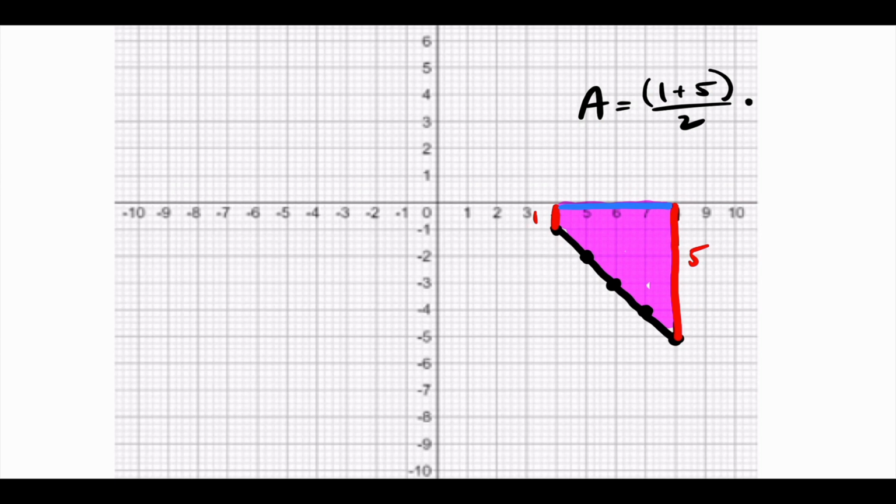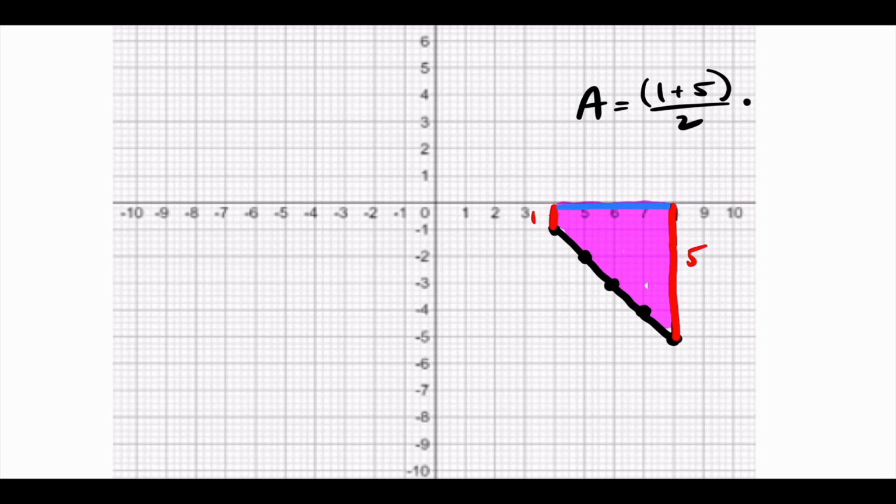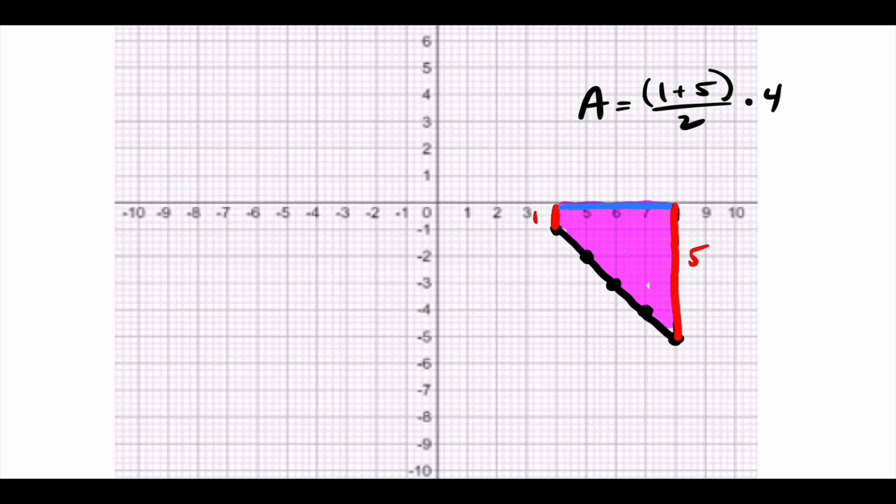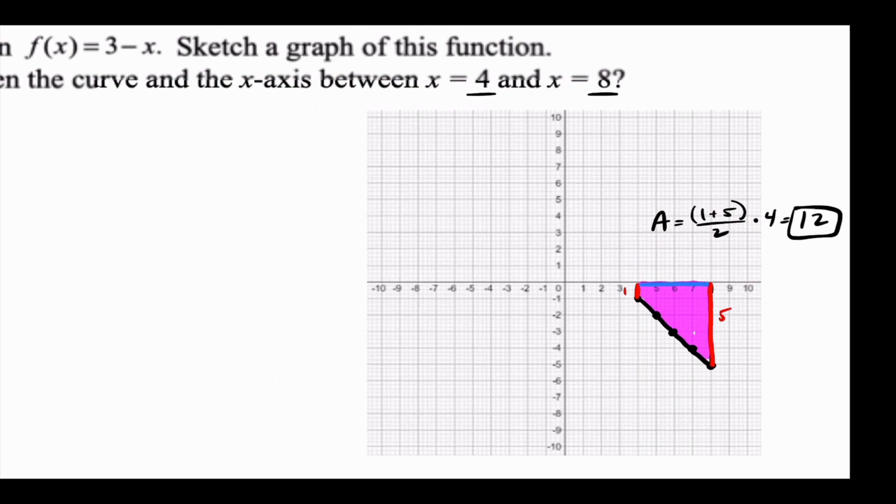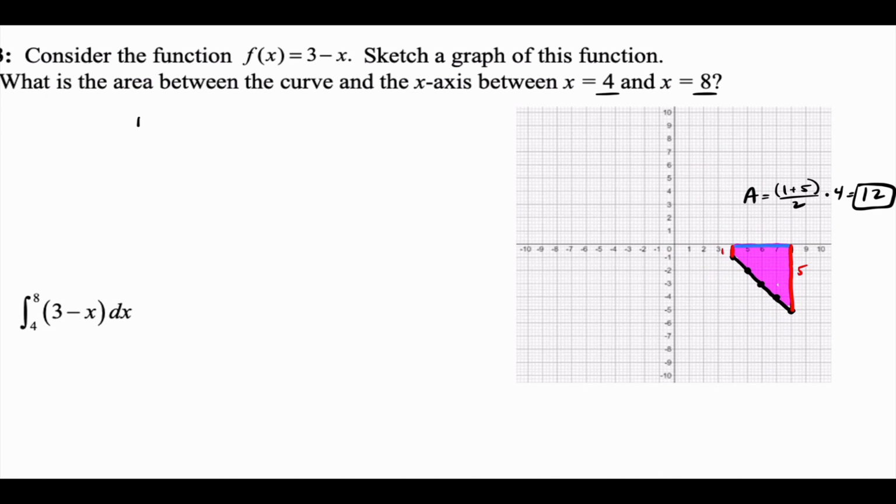It's on its side, so the height's going to be 4. 6 divided by 2 is 3 times 4 is 12. And then it'll be negative 12, yeah.